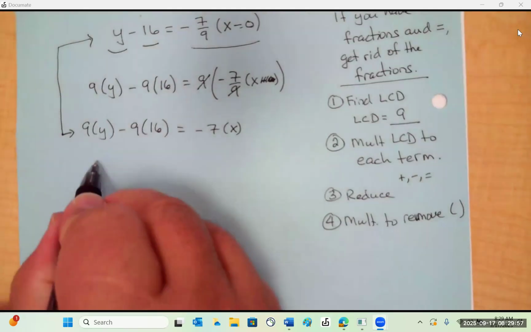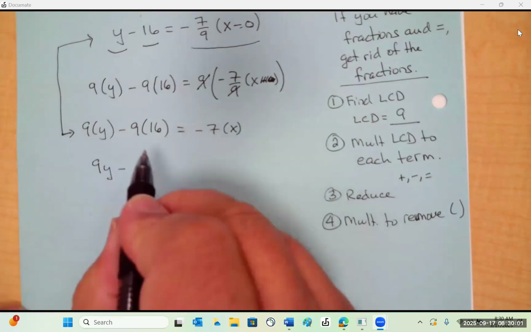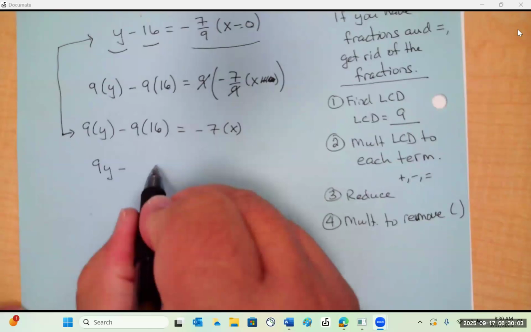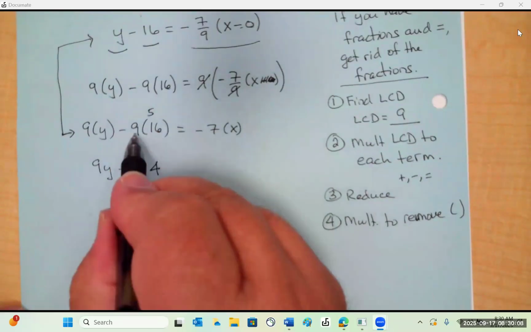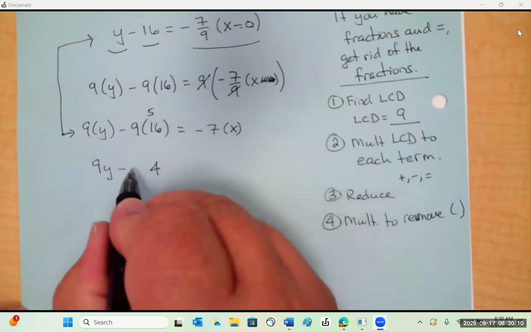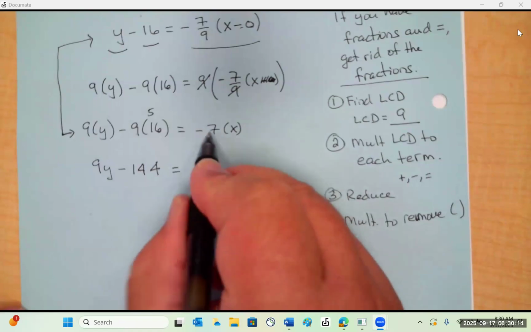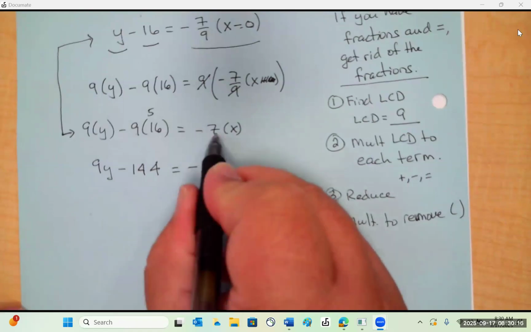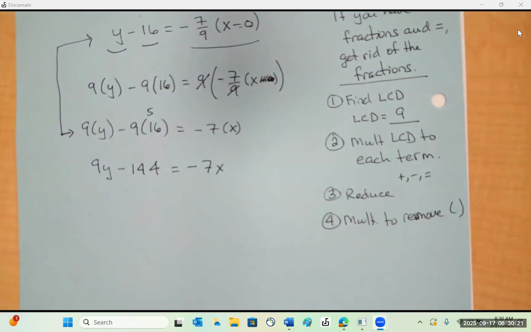So 9 times y is 9y. 9 times 16, 9 times 6 is 54. 9 times 1 is 9, plus 5 is 14. Negative times positive is negative. 7 times x is 7x. Remember, whenever you multiply, treat signs and numbers separately.